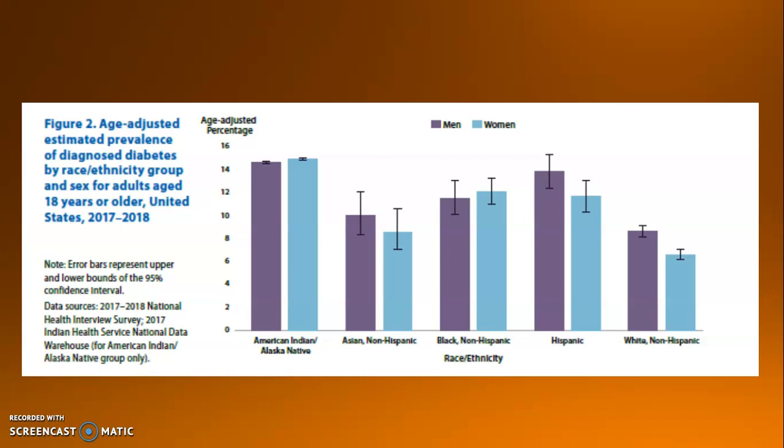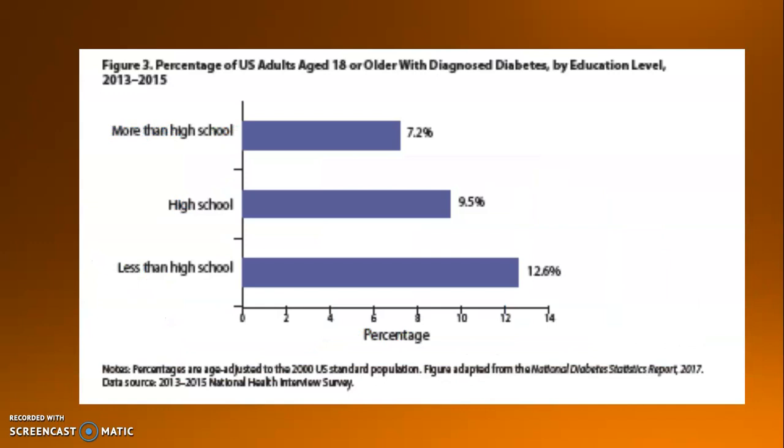So again, from this slide, I wanted to highlight that American Indian, Alaska Native has the highest. In total, Black non-Hispanic, Hispanic, and Asian populations are pretty similar. Separated by sex, Black non-Hispanic and American Indian, Alaska Native are pretty similar between males and females, while white non-Hispanic, Hispanic, and Asian non-Hispanic have slightly more males than females.